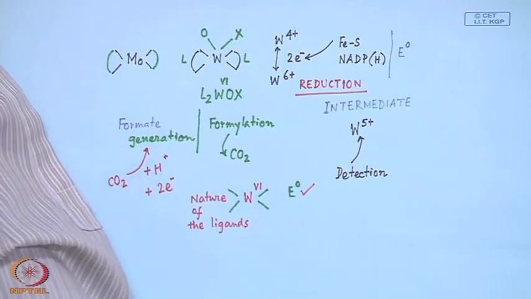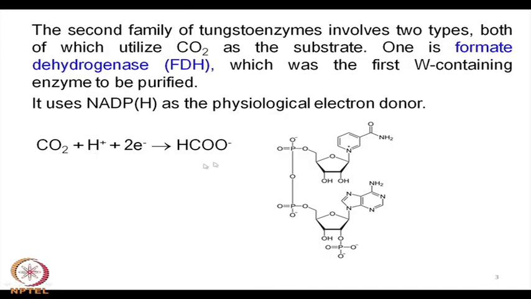So, when people discovered these things and tried to identify that we are settling between the 2 oxidation states, that means the tetravalent tungsten and the hexavalent tungsten, in the physiological condition some reducing agent must definitely be there, and which is nothing but our NADPH.